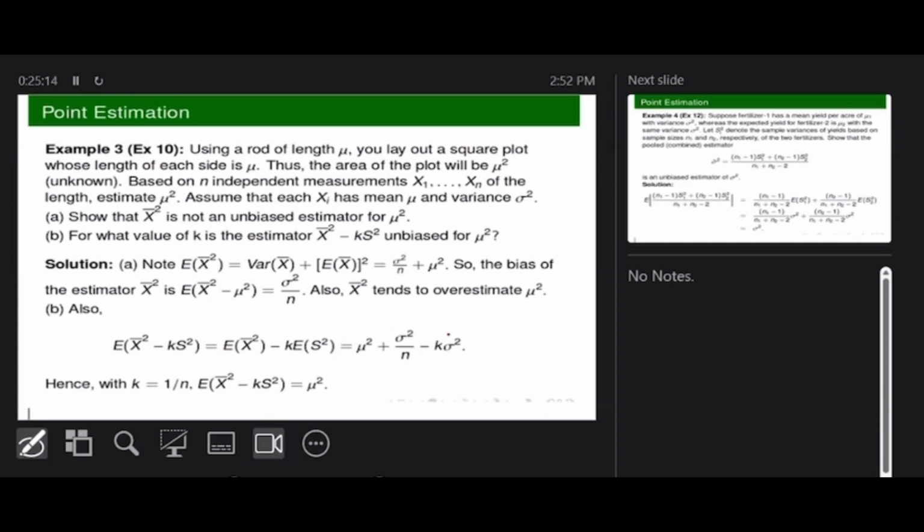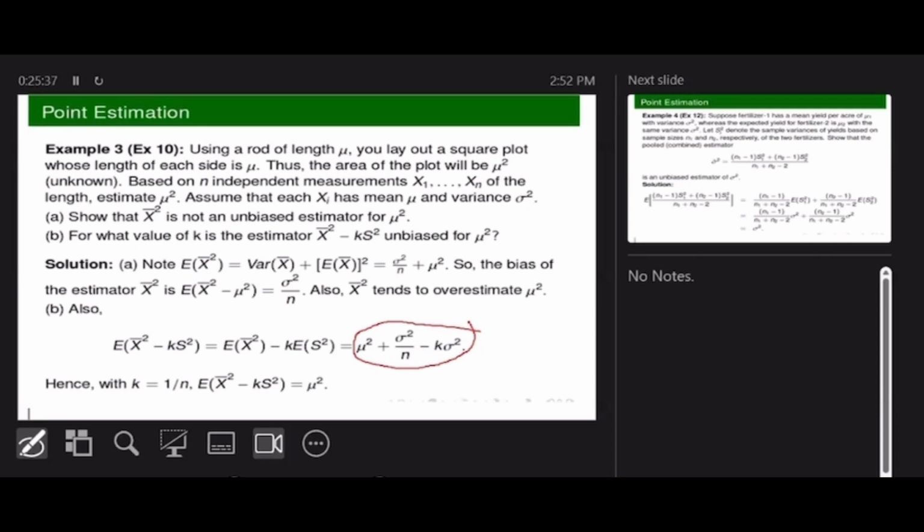Now, if you take a look at all this, what do we want? We want to determine the values of K. Please, I need you to focus. This is good. This is algebra. What do we actually want? We want mu squared.